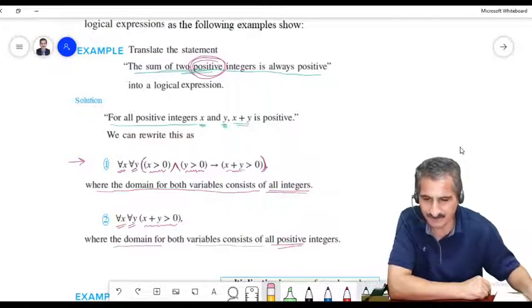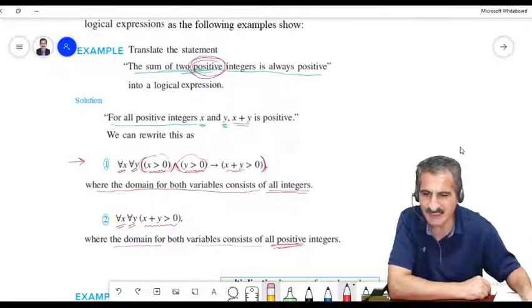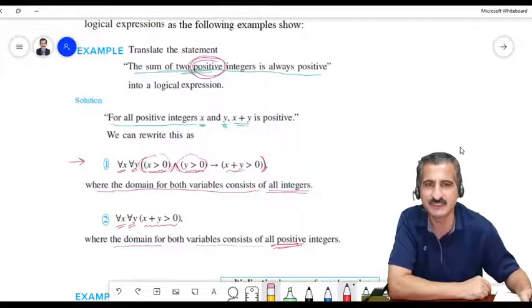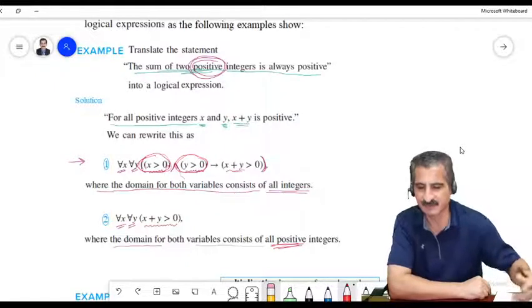And we excluded this part and this part now. Why? Because our domain is already understood to be the set of positive integers. So when I say for every x and for every y, it is already understood that my x and y are positive. So I don't need to mention these here. I'm circling in red.